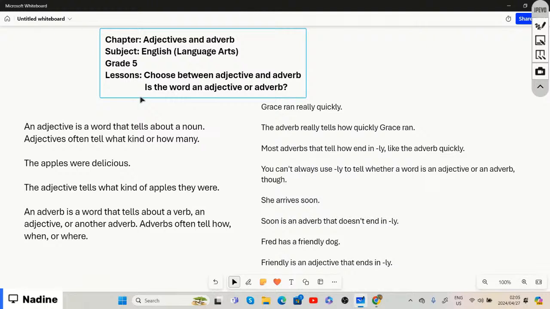All right. So an adjective, when we see an adjective, it tells us more about a noun. It is a word that tells us about the noun.